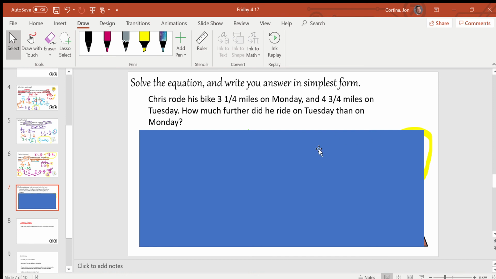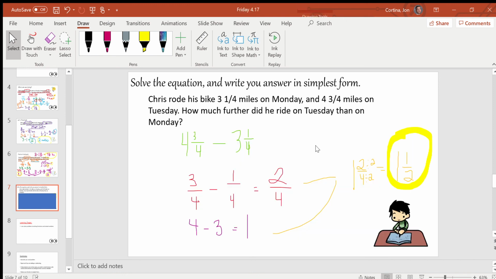Great, let's see what you got. So you should have ended up with 1 1/2. It's a subtraction problem, so you're going to start by subtracting your fractions. 3/4 minus 1/4, well, it's 2/4. Then you're going to subtract your wholes. 4 minus 3 gives you 1.